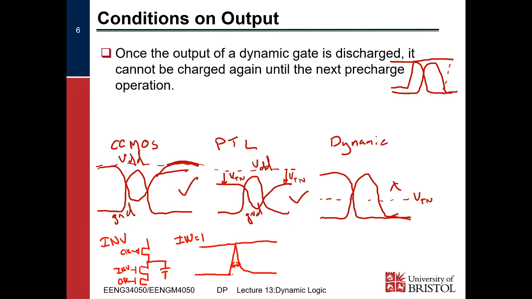On the other hand, if our input is 0, we'll see that our clock goes high. Obviously, it was pre-charged when the clock was low. And so from this 50% point of the clock, how long does it take for the output to be high? It's almost instantaneous.